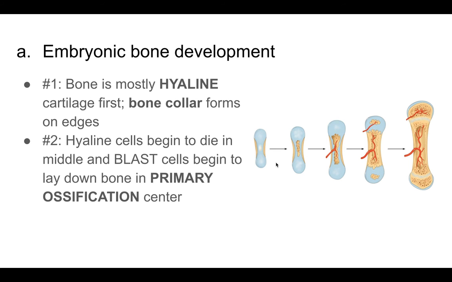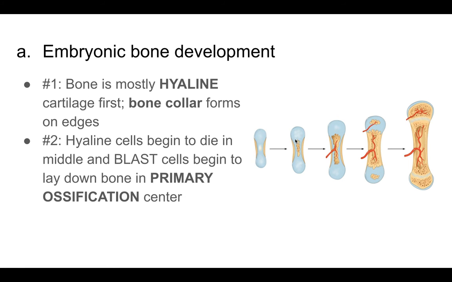Step 2 would be the second picture, and this is showing us that as the bone collar lays down on the side, the cartilage cells right here in the middle, they start to die. And when that happens, the bone collar will release those osteogenic cells that convert into osteoblast cells, and they're going to start laying down bone matrix right here in the middle.